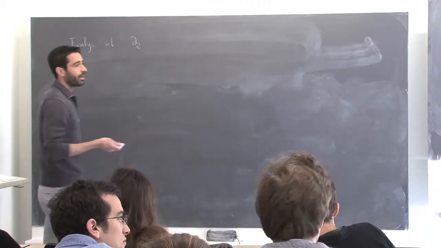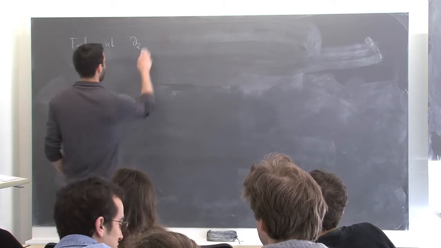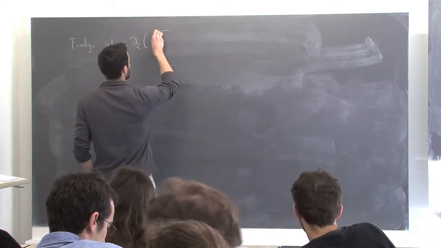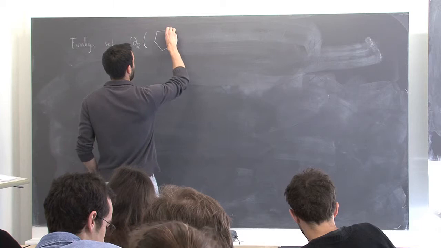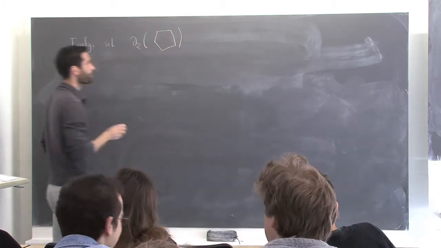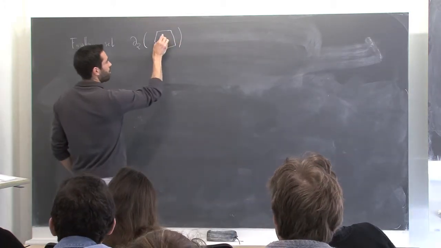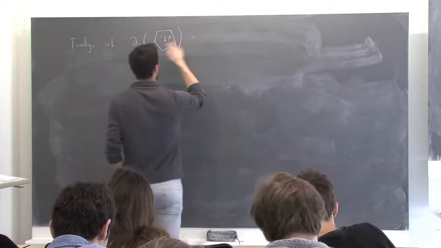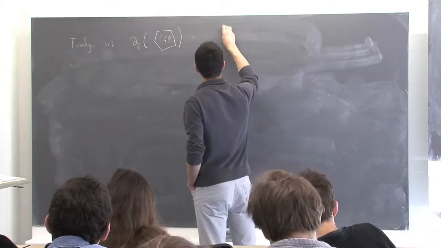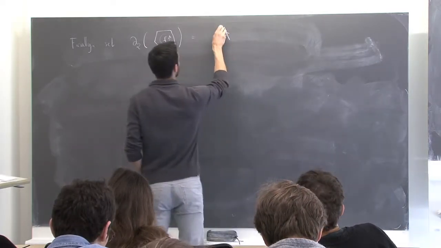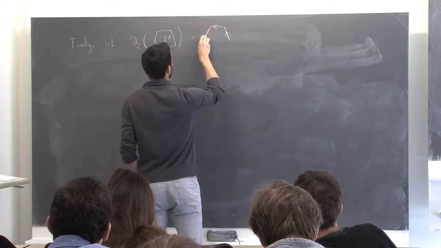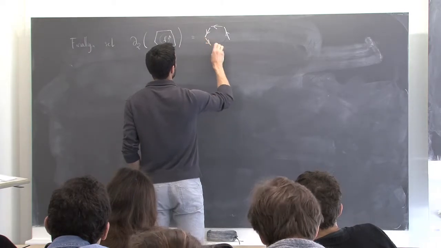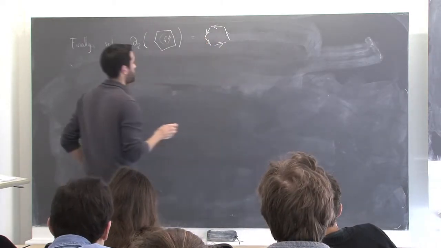So I just need to define it on the elements of the bases, that is on a face. So if I have a face like this, so it's oriented this way. So of course, what I want to define this as this oriented edge plus this oriented edge plus this one plus this one plus this one.